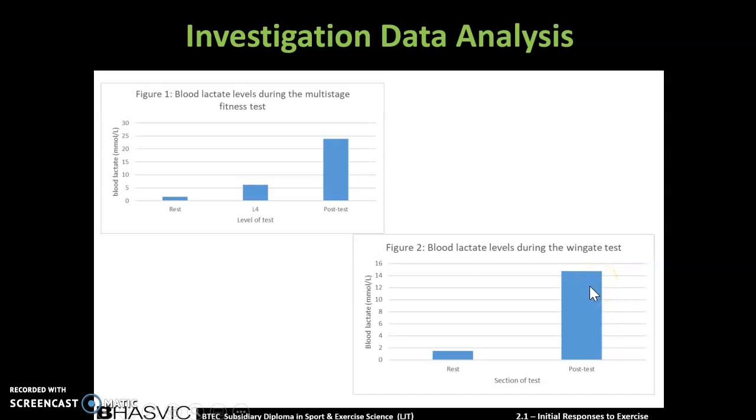It's quite drastic, and you can see in 20 seconds they're reading quite similar results of blood lactate to that of about a 15-20 minute multi-stage fitness test, which shows the high intensity of this Wingate test and how hard people have to be working.